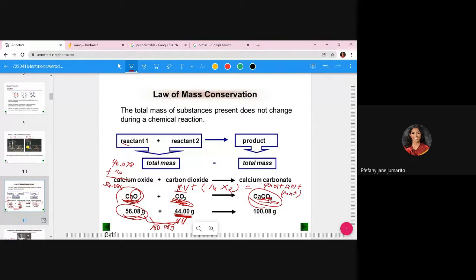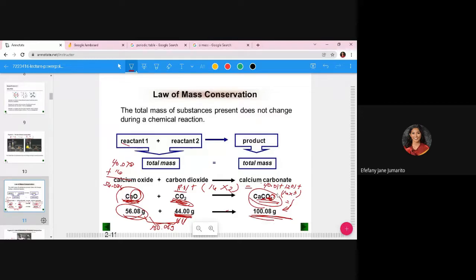So you multiply by the subscript. We have a total of 100.08 grams. You see the law of mass conservation is being applied here, that the total mass on the reactant side is equal to the total mass on the product side.